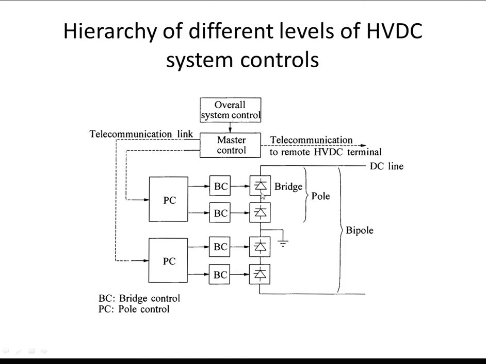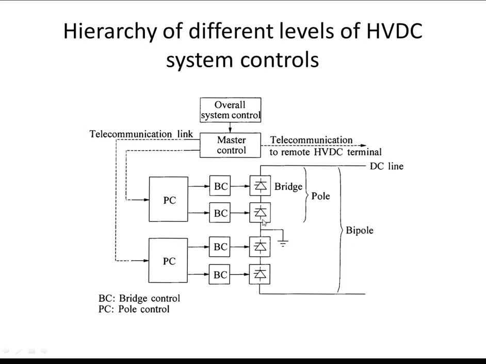You can see that there are four bridges here. In one pole, there are two bridges. This is the first pole and this is the second pole, meaning the second line. Two bridges are connected with one pole, so it is a 12 pulse converter.